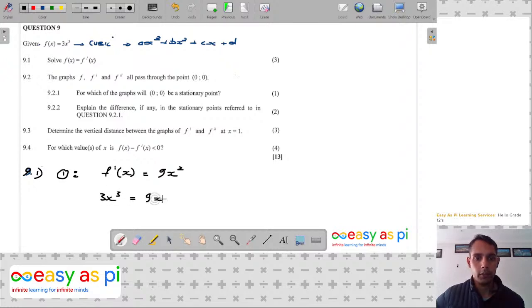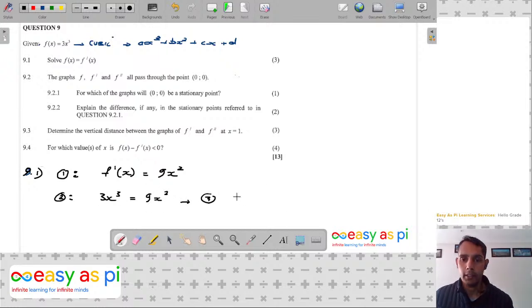equal to 9x squared? Now, whenever you have something like this, what I would recommend, and this is going to be your step 2, of course, is take all of the variables over to one side, or take everything over to one side. And if I do that, I then get 3x cubed minus 9x squared is equal to 0. And of course, I can solve this in step 4.